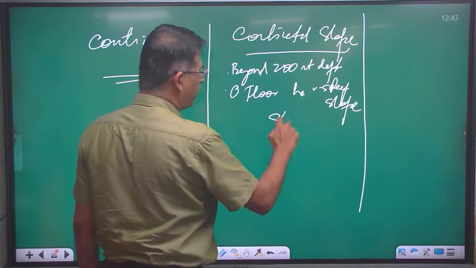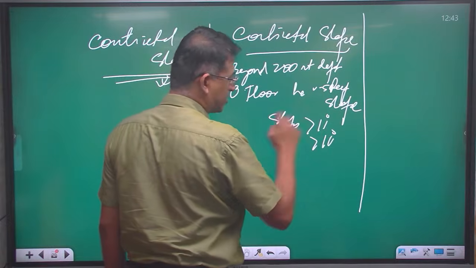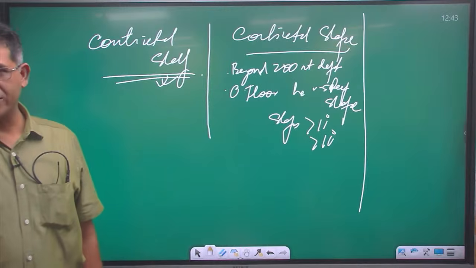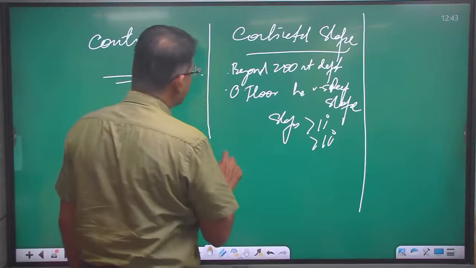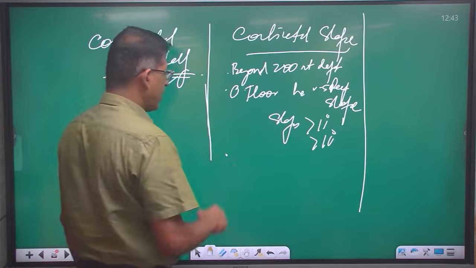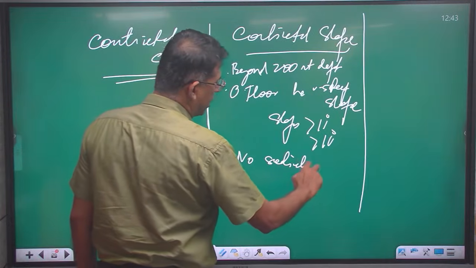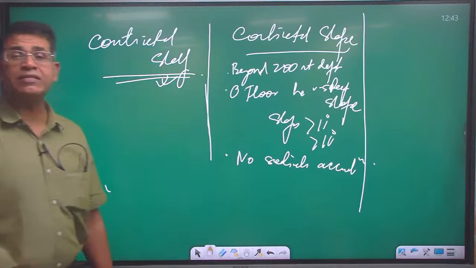The slope of this land is more than 10 degrees. Shelf is a slope of less than 1 degree. This has a slope of more than 10-11 degrees. And because it is very steep, it will have no sediment accumulation.